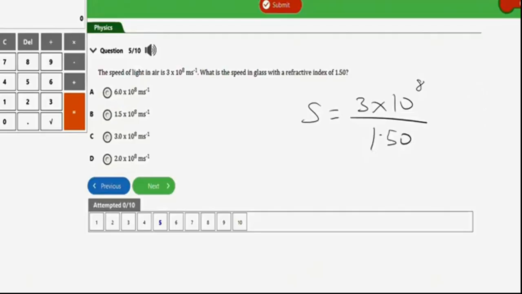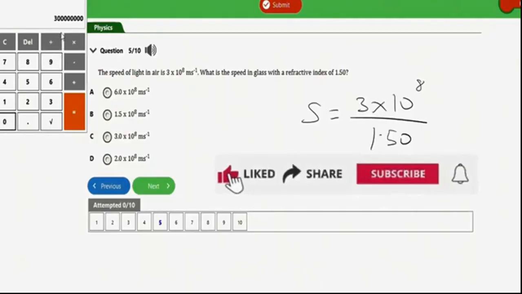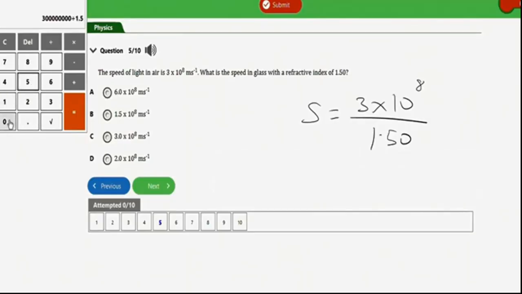So let's punch this in a calculator. Now 10 to the power 8 means 0 up to 8 times. That's basically 100 million. So 100 million times 3 will give us 300 million. So we are going to have 300 million divided by 1.50.